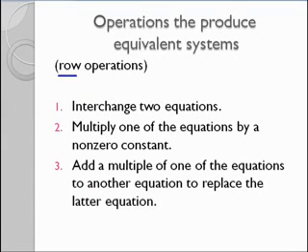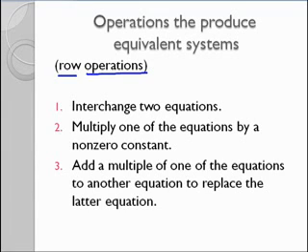And we applied these when we were solving a system of 2 equations. One thing you can do is just interchange any 2 equations in a system. Like the second and the third equation, you can just switch the order of them. You can multiply one of the equations by a number as long as it's not 0. So you can multiply through by a 2 and you're not changing the value of the equation.